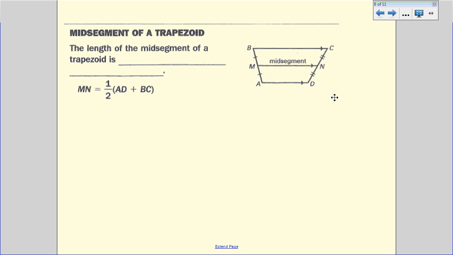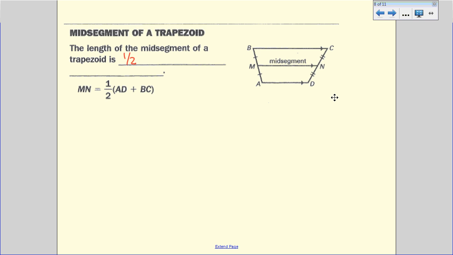All right, the mid-segment. As you can see, we're seeing some similarities between an isosceles trapezoid and an isosceles triangle. So the length of the mid-segment of a trapezoid is 1/2 times the sum of the bases. If you can see, they put that in parentheses, so I'm going to write it a little bit differently.